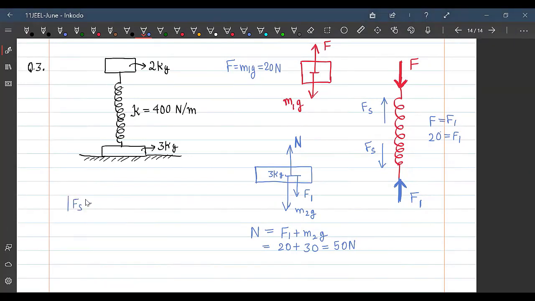Just write mod of Fs is equal to kx, और इसकी value कितनी आनी चाहिए? That should be equal to F के equal होनी चाहिए, तभी balance out हो पाएगा. So K दिया हुआ है 400, or this is 20. So x will be 20 by 400, that is 1 by 20 meter, that will be equal to 5 centimeter. So far we got the right answer for this.